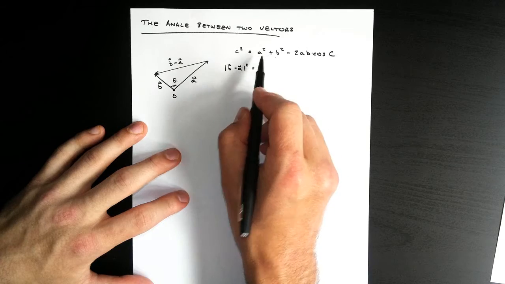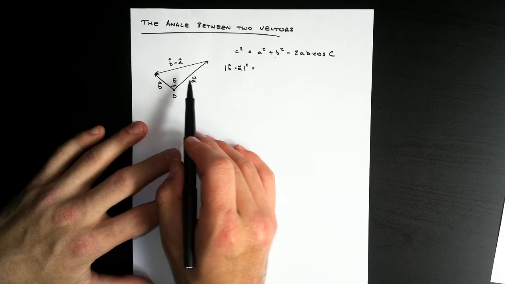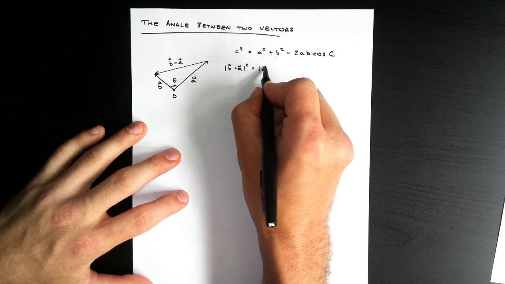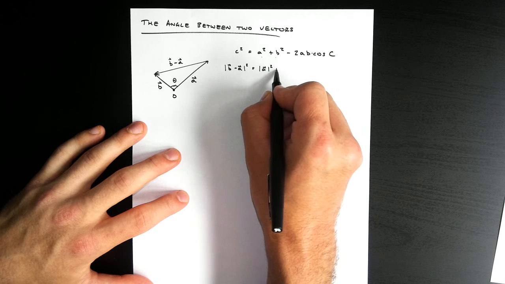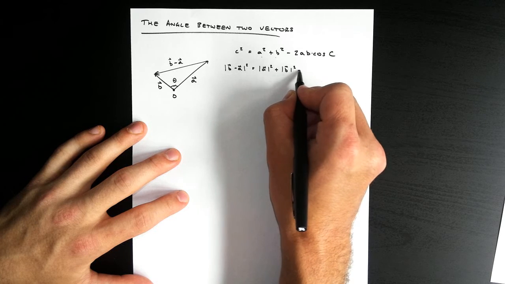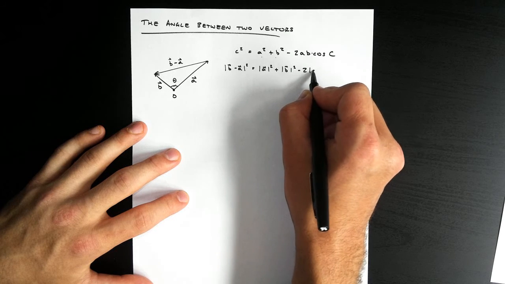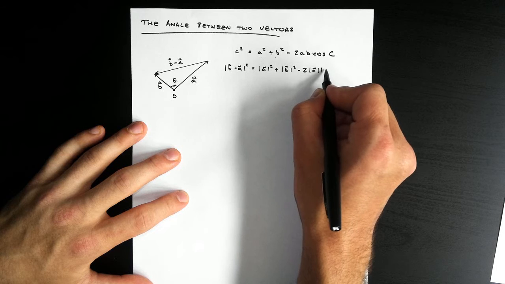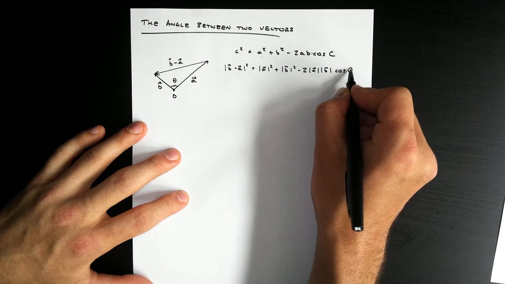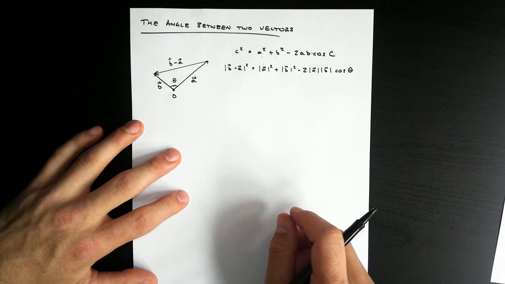A and b are the other two sides of the triangle, and those are interchangeable. Again, this is going to be the magnitude of each of these. And then minus 2, and again we have the magnitude of each of the vectors, times the cosine of our angle.